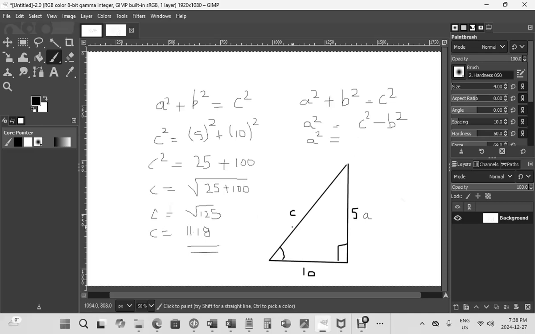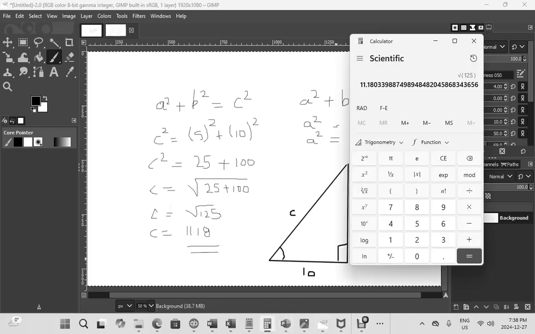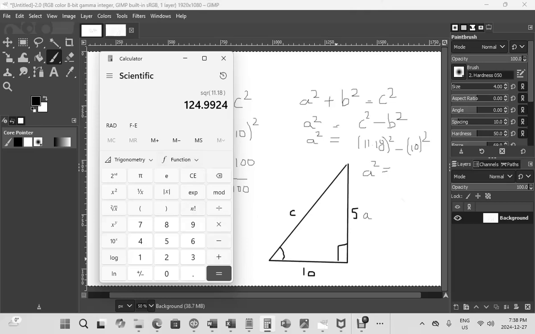Let's say C is 11.18, so A squared is 11.18 squared minus 10 squared.